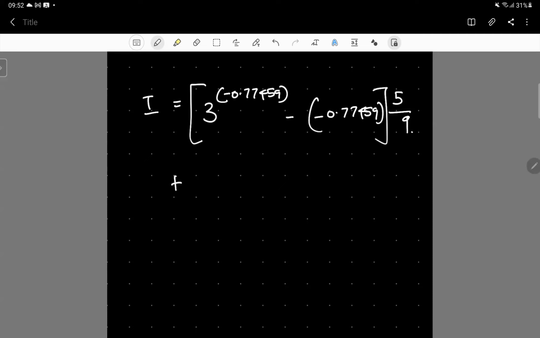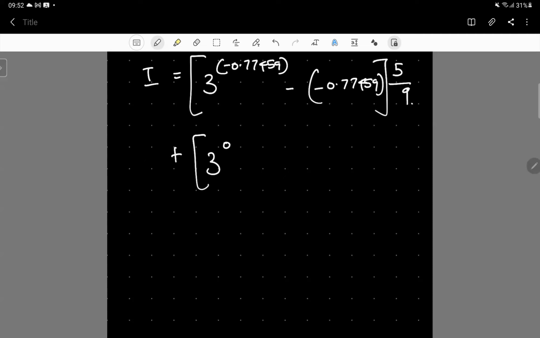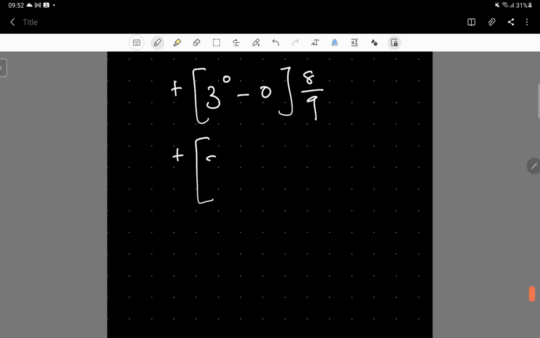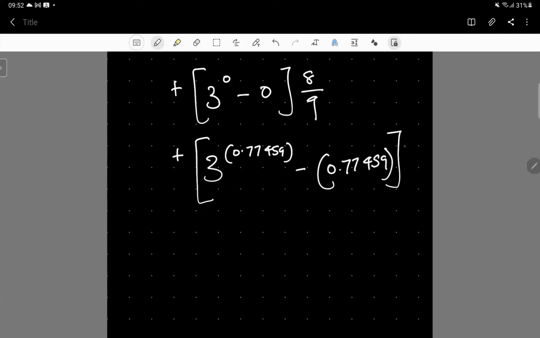Then the second term, 3 to the power 0, because now x2 is 0, minus 0, which has to be multiplied by w2, which corresponds to 8/9. The third term, x3 term, 3 to the power 0.77459 has to be deducted by the x3 value, multiplied by the w3 value.